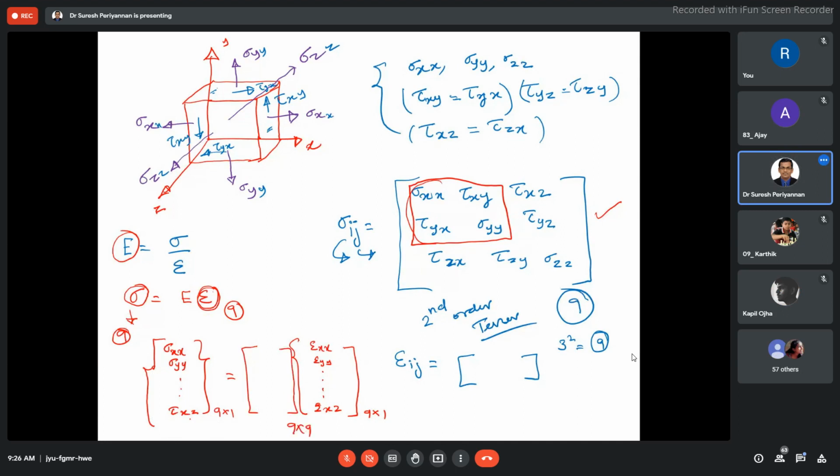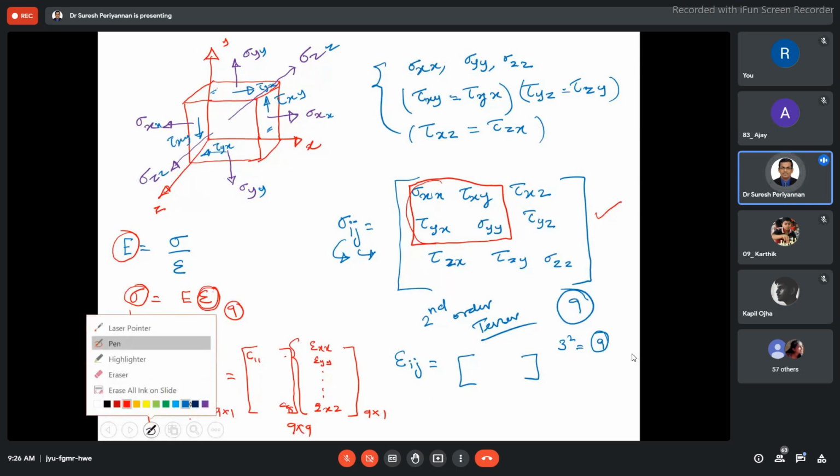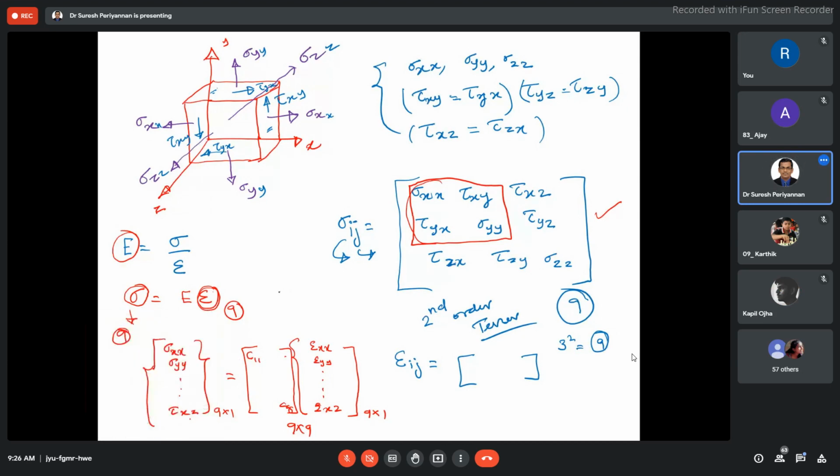Now the Young's modulus we are defining like this: C_ijkl, C11, C22, like this up to C99, some constants. A simple way to keep in your mind, though this is not necessary, since I'm not going deep: sigma ij equals C_ijkl into epsilon kl. Here ij represents a second order tensor, with 9 components, and kl also.